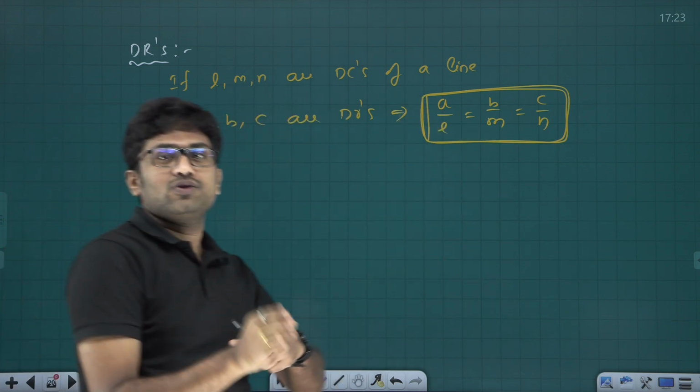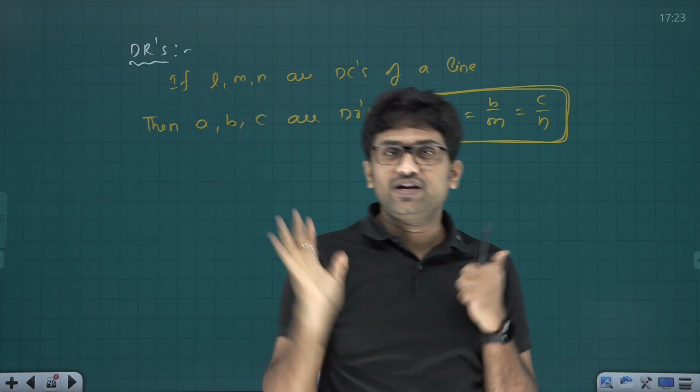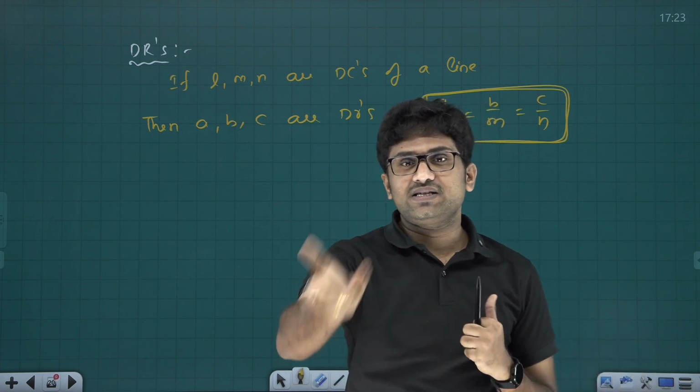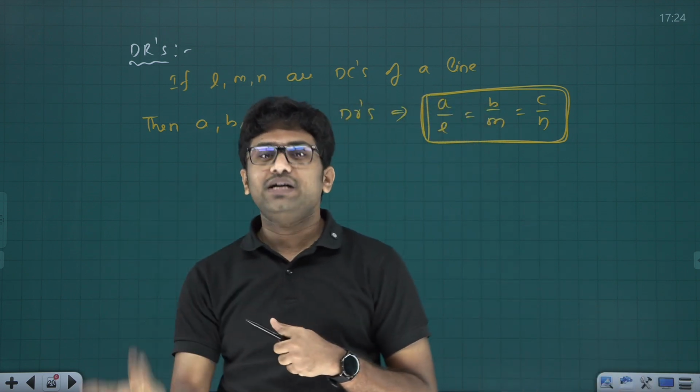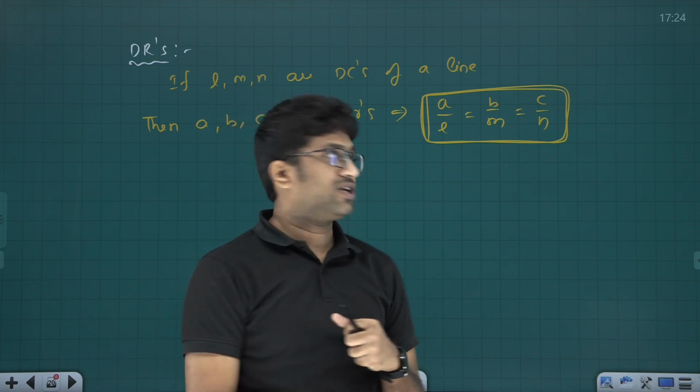Very simple. If L, M, N are DCs of a line, then any values which are proportional to L, M, N are called DRs. We call it direction ratios.